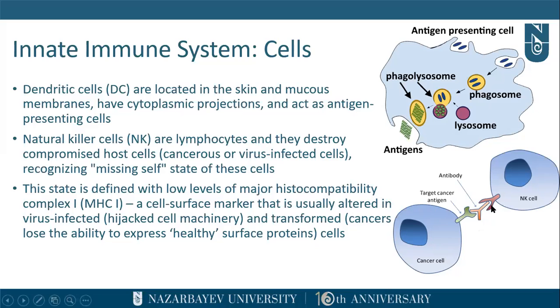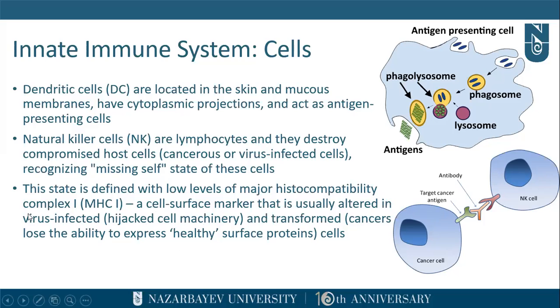Our healthy cells express MHC class 1 on their surface, and MHC1 is a cell surface marker that is recognized by the natural killer cell as good. It won't touch those healthy cells because it recognizes MHC1 as a good cell surface marker, so it won't touch that.